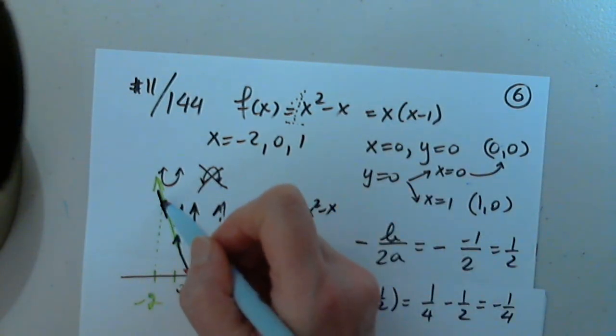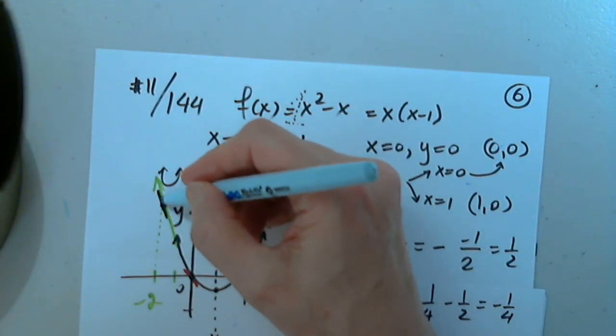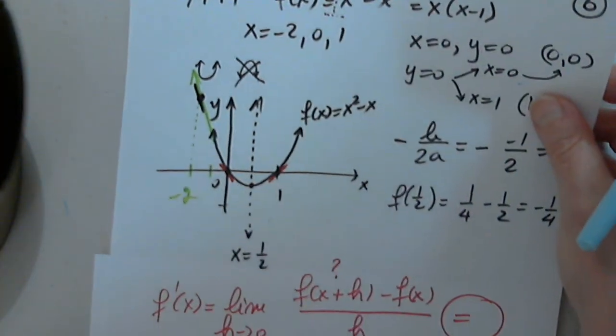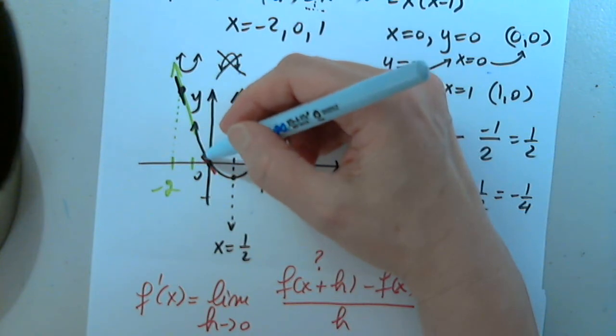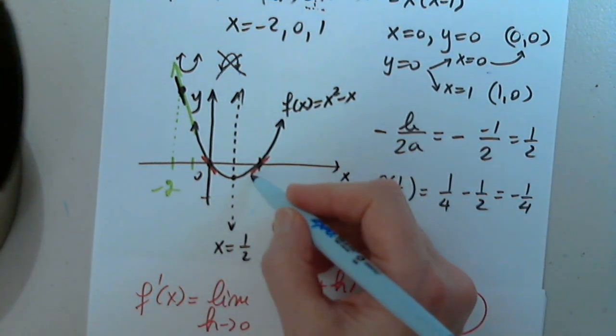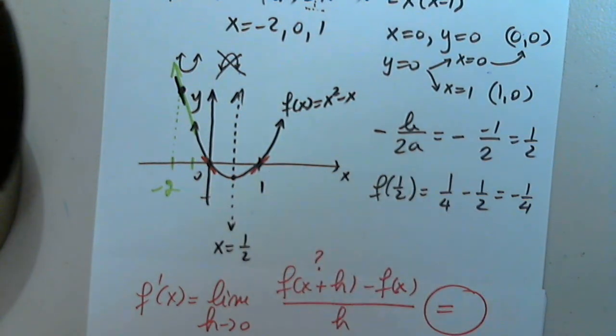This is the point, and I draw a tangent that touches the graph in only one point. Then at 0, I draw a tangent that touches the graph in only one point. And then at 1, I draw a tangent that shares only one point with the function.